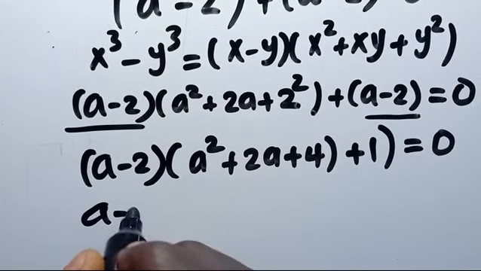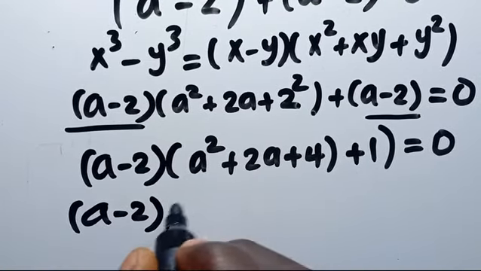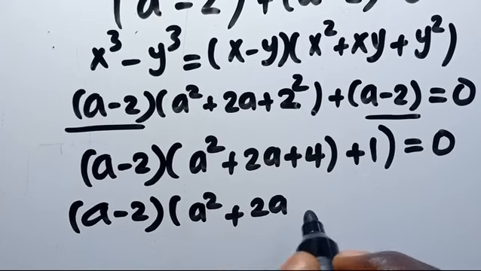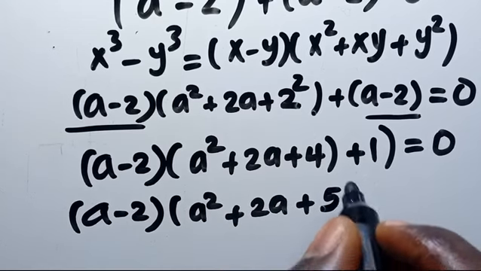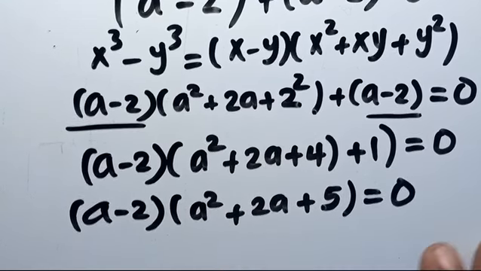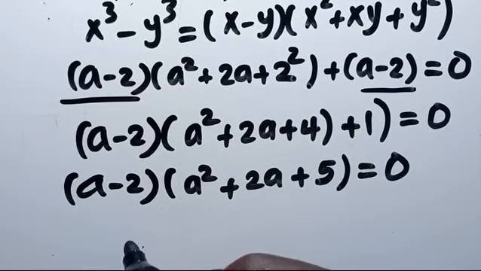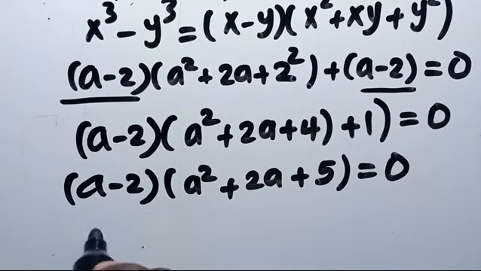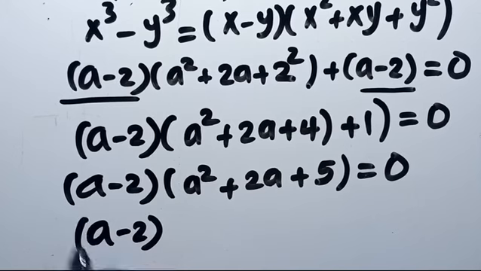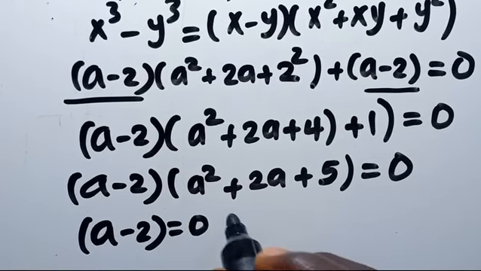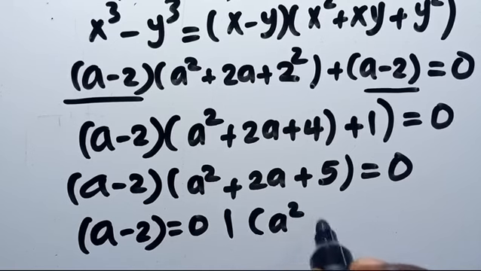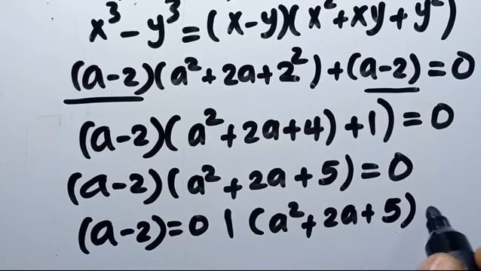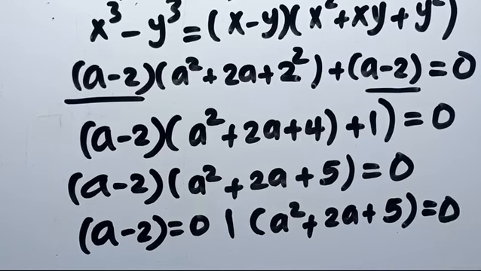We have a minus 2 times a squared plus 2a plus 5 equals 0. Apply the zero product rule, and that says for this expression to be equal to 0, either we have a minus 2 in parentheses equals 0, or we have a squared plus 2a plus 5 equals 0.